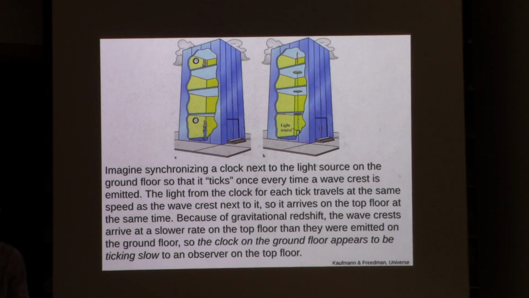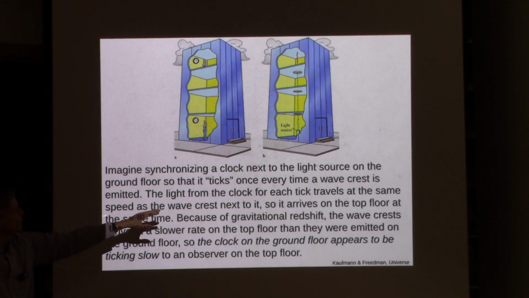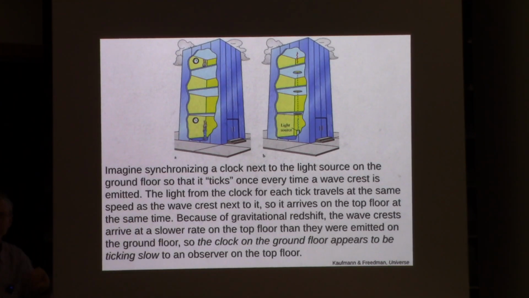That means the frequency's lower. So because of gravitational redshift, the wave crests arrive at a slower rate on the top floor than they were emitted on the ground floor. Do you buy that? You're seeing the wave crests passing by you at a lower frequency than they were on the ground floor, because that's what a redshift is. It's a reduction in the frequency of the light as observed by you. So you see a lower frequency.